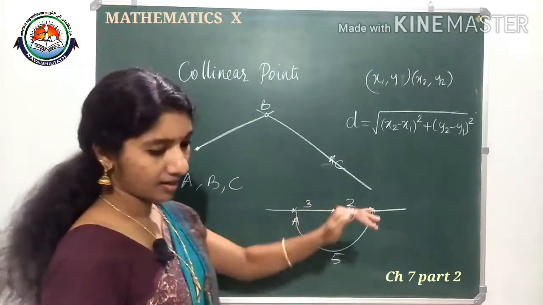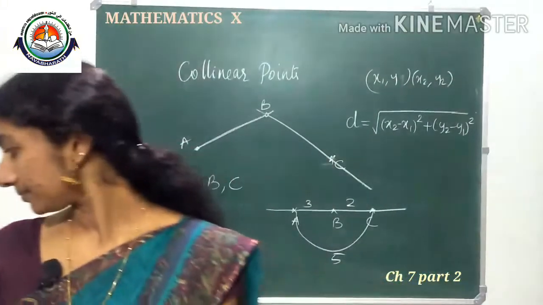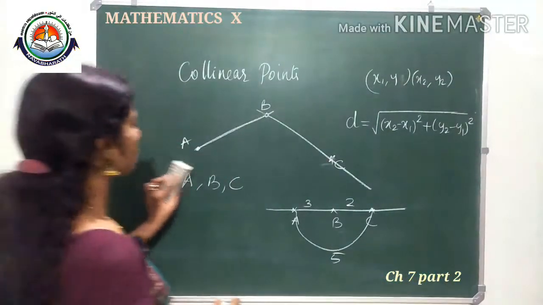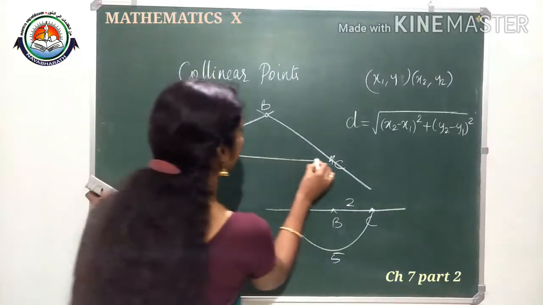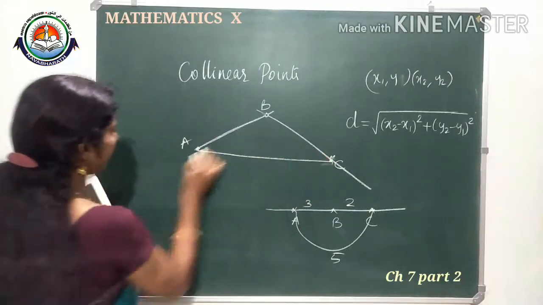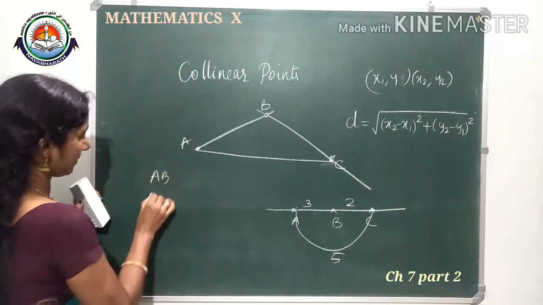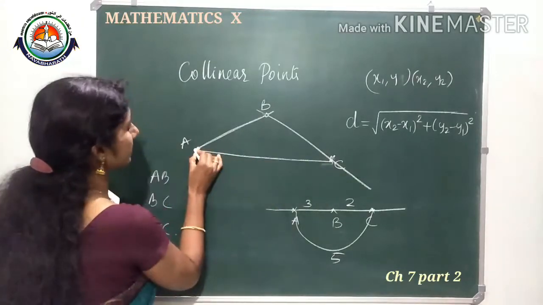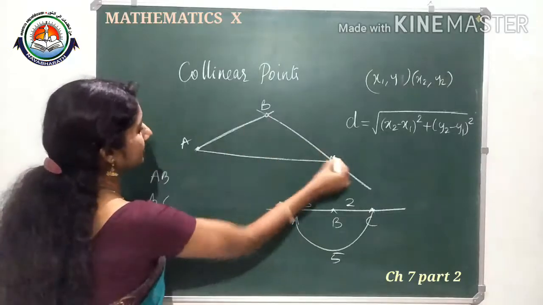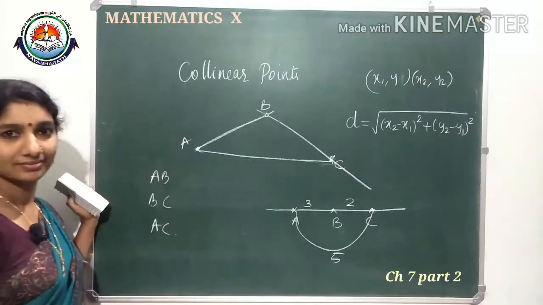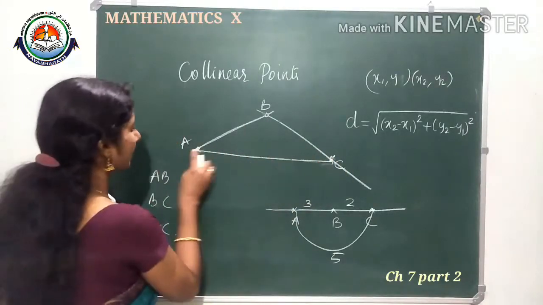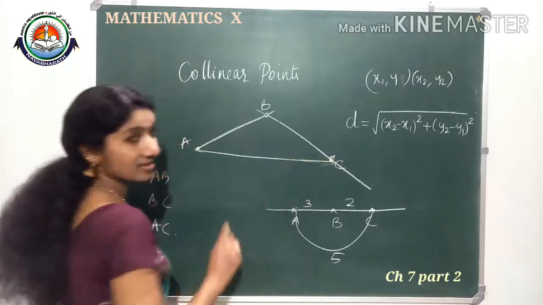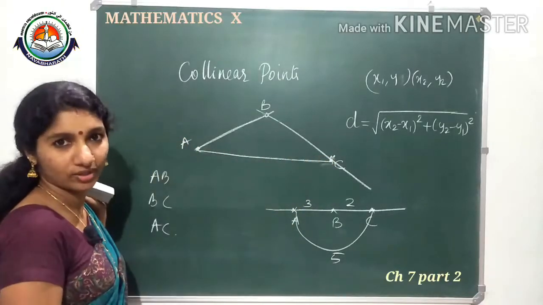Suppose AB plus BC is not coming equal. See, if they are not on the same line, surely when we join AC, we will get AB length, BC length, AC length. Which will be the shortest? AB plus BC will be bigger than AC, isn't it? To reach from A to C, the straight distance is always shorter.